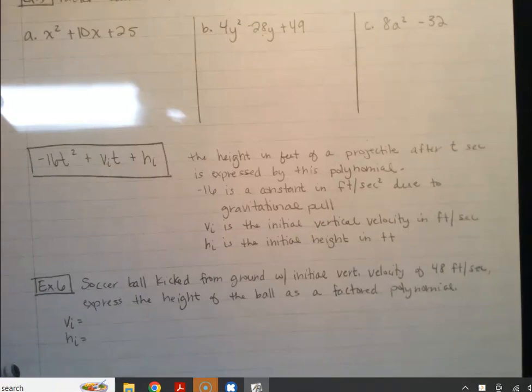Okay, so negative 16 is a constant. It's never going to change, in feet per second squared, due to gravitational pull. Wait, how is it negative? Because it's dropping. 16 is gravity, so it's pulling things down. Usually if you're shooting a bullet, it's not at ground level. If you're standing on top of a building and you let go of a penny and drop it, it's falling to the ground.